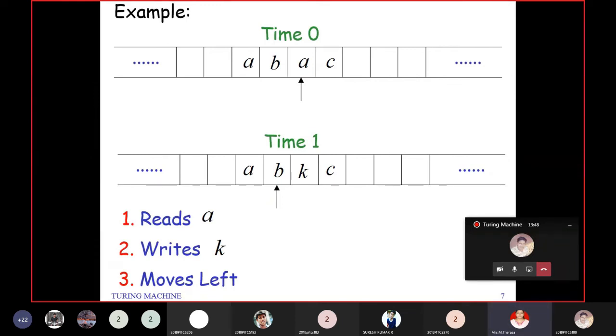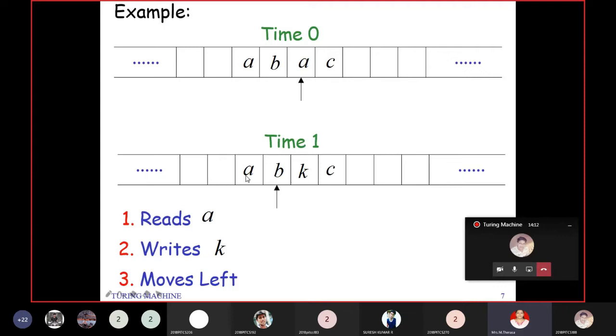For example, if you have A, B, A, C on the input tape at time 0, and if you want to write A as K, then look at the time 1 diagram. Suppose you are reading A, and you want to rewrite it as K, and move left.